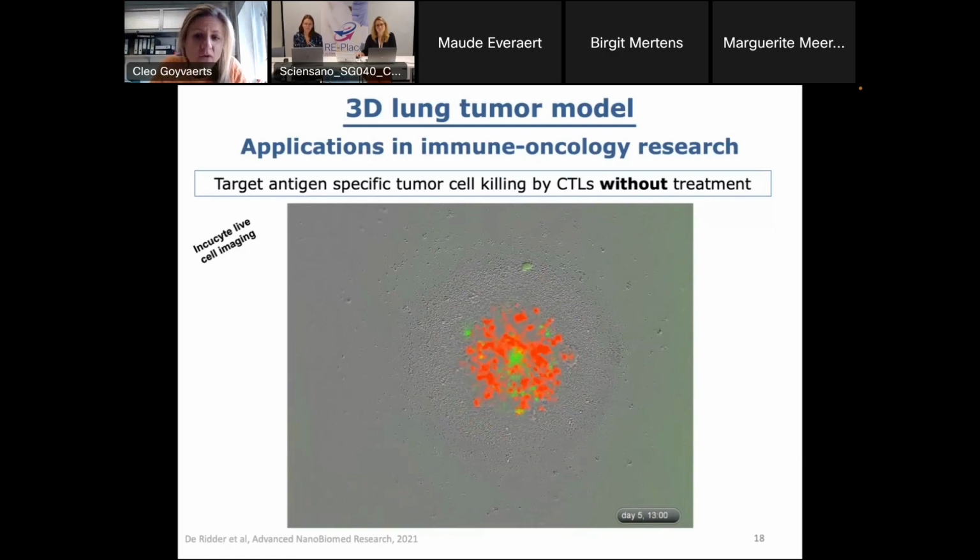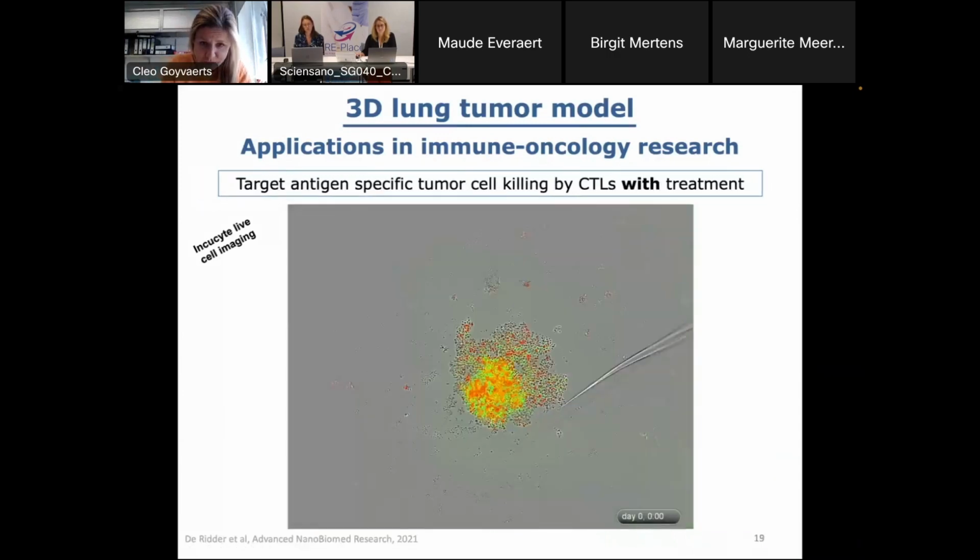However, after day 5, they came back, which is for us, of course, a beautiful model to start looking into resistance mechanisms, because it seems that even though you have good cytotoxic T lymphocytes, if they are there in suboptimal conditions, you also get the initiation of resistance.